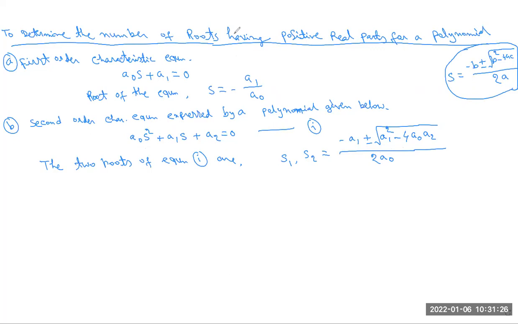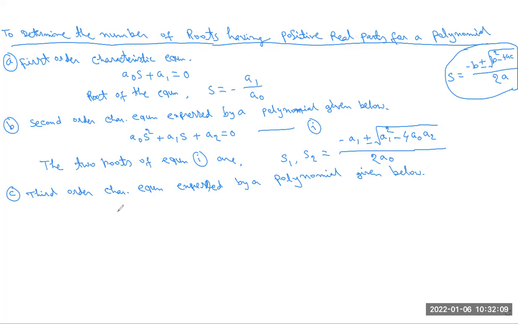Next part, when you go to the next order, that means the third order system or any higher order system, now we have to consider the third order characteristic equation expressed by a polynomial given below.